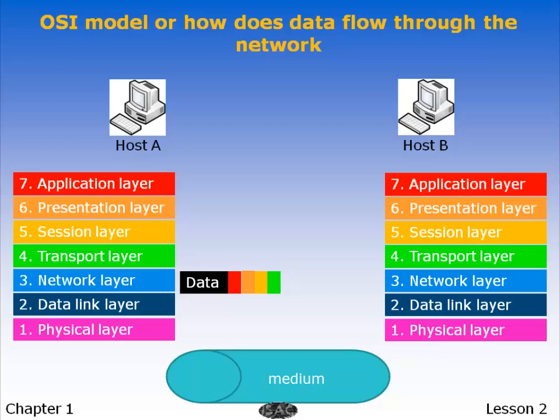The network layer, like the other ones, adds its header to the huge packet and sends it to the data link layer.